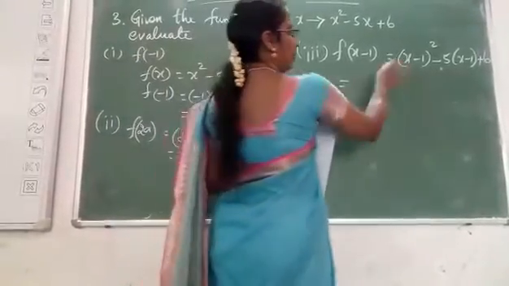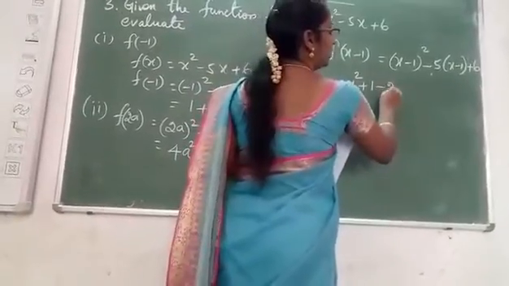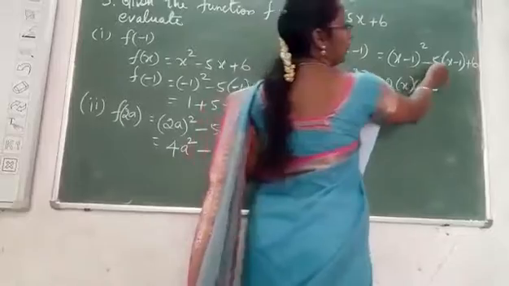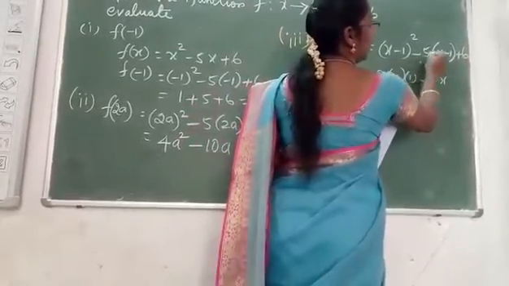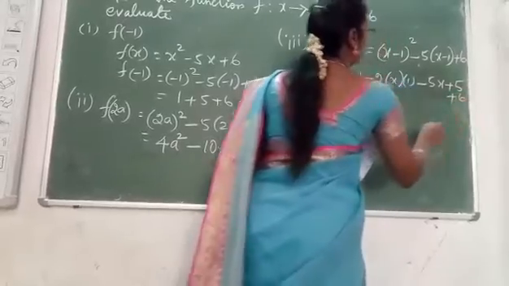So like this, we write x square plus 1 square is 1, minus 2ab, minus 5 into x, minus 5x, minus into minus is plus, 5 ones are 5, plus 6.